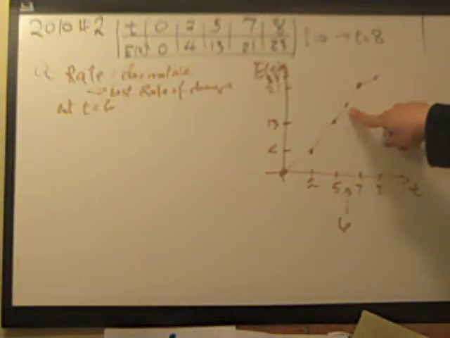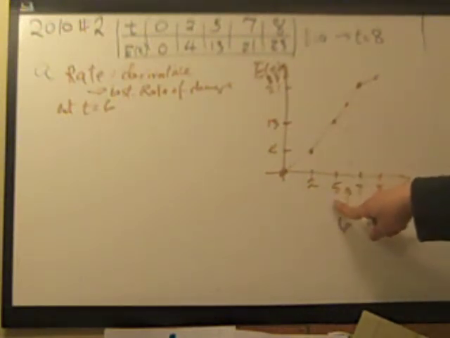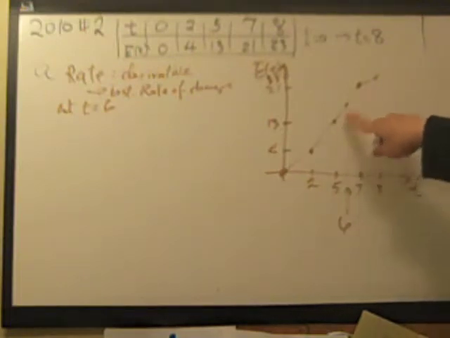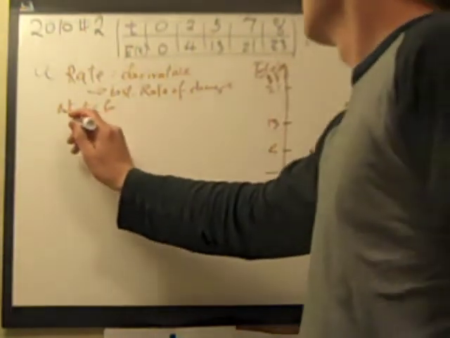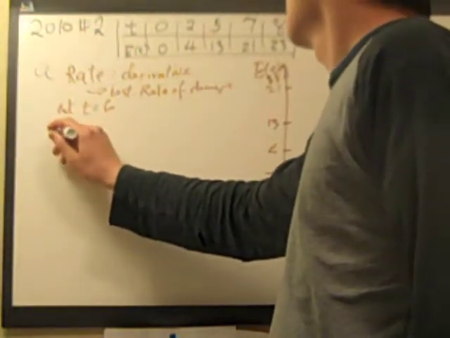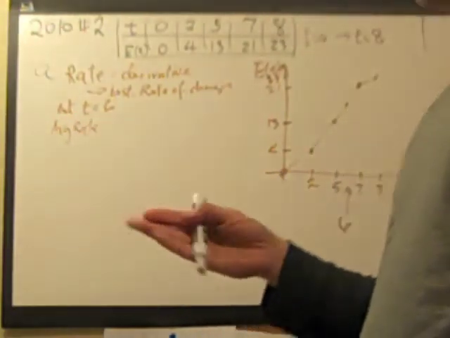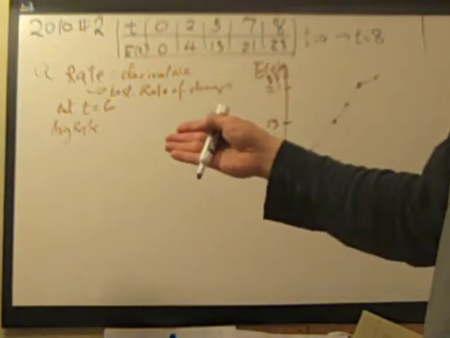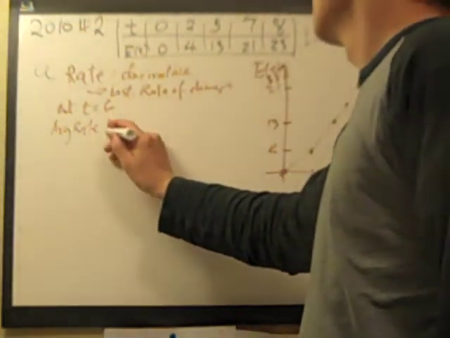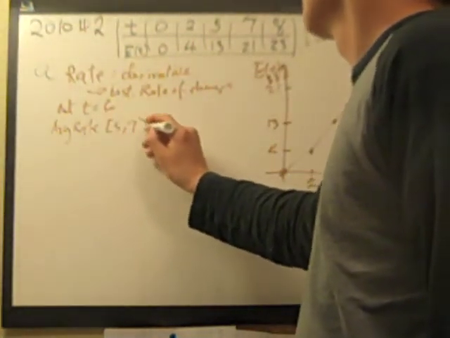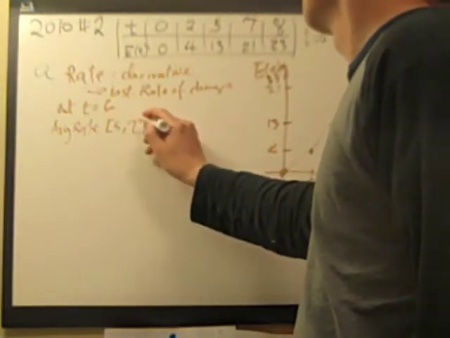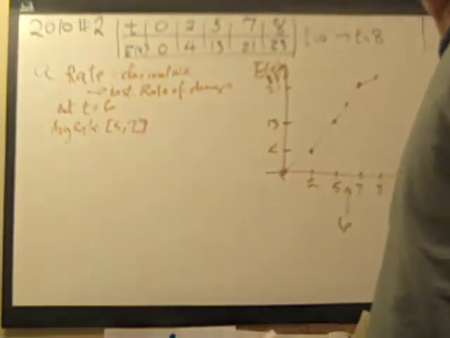We don't have a value here, so the only thing we can use are the ones at t equal to 5 and t equal to 7. So we need to find the average rate, which is the approximate instantaneous rate at t equal to 6. So the average rate between 5 and 7. That's easy.